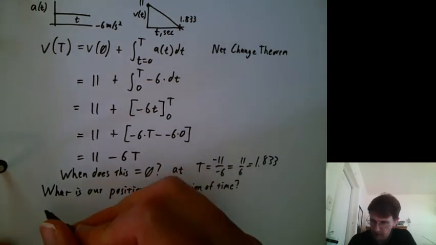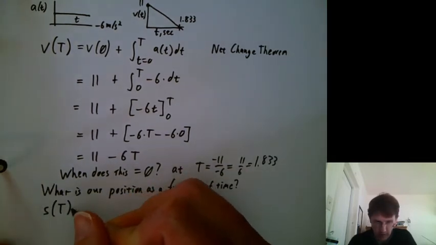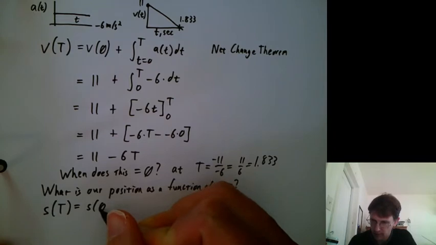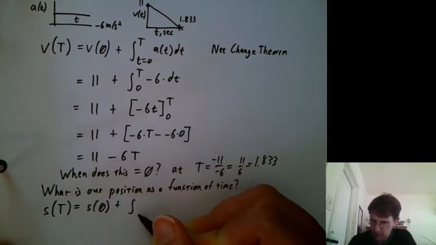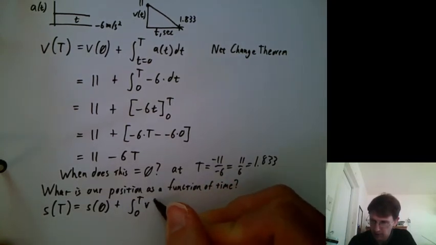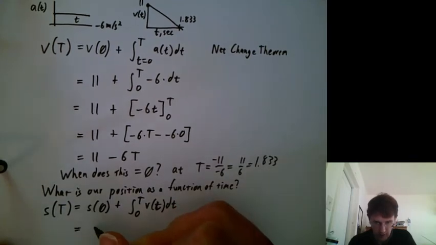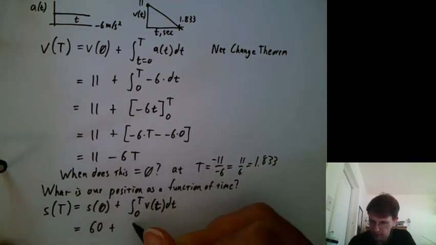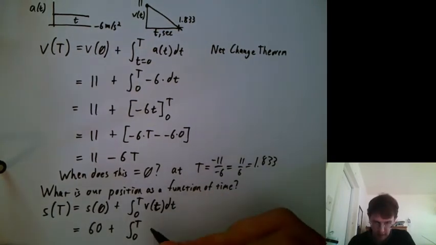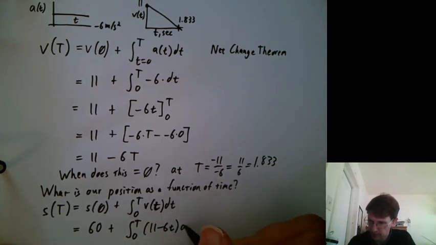Okay, ready? So we'd say S of capital T is my initial position, plus the integral 0 to capital T of v of lowercase t dt, which is 60 plus the integral 0 to capital T of 11 minus 6 lowercase t dt.